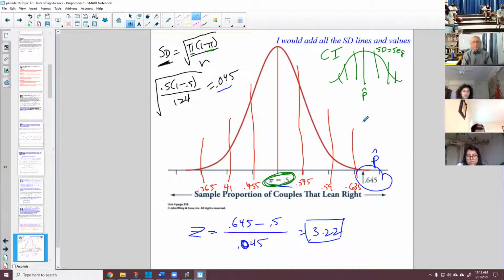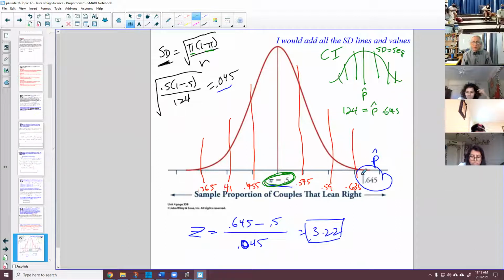Okay. So we made our diagram, and then I did have a sample of 124 kissing couples. Actually, if it's 124 kissing couples, that would be 248 people, because you have to have two to kiss. Their proportion, their p hat, was 0.645.